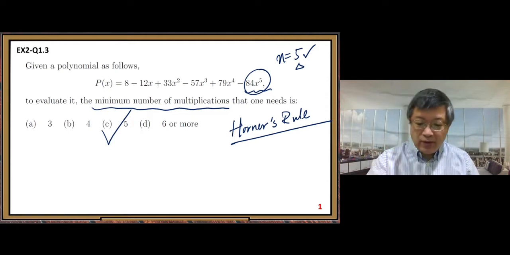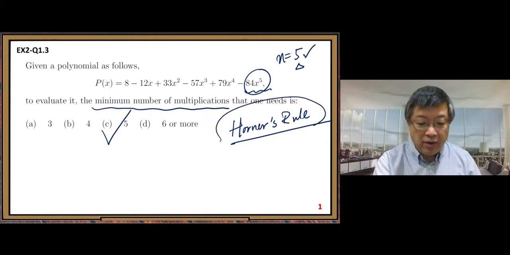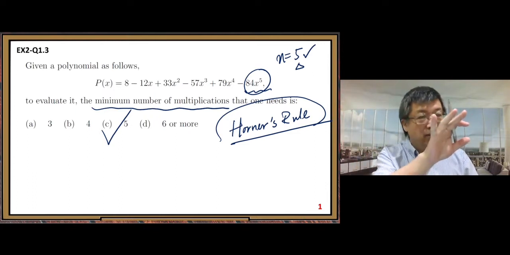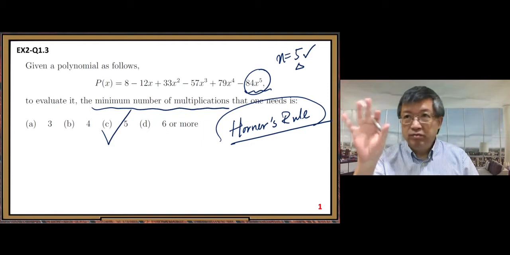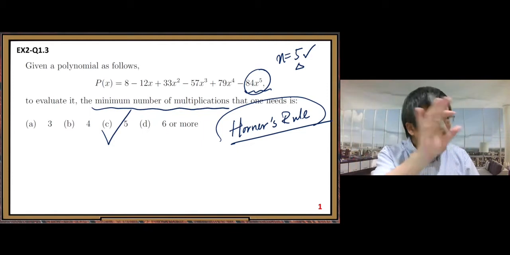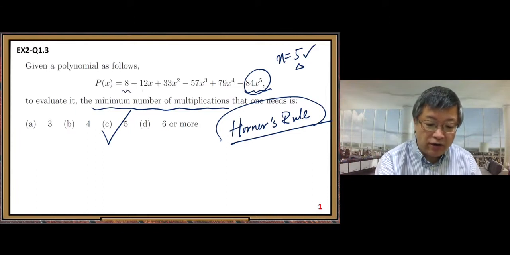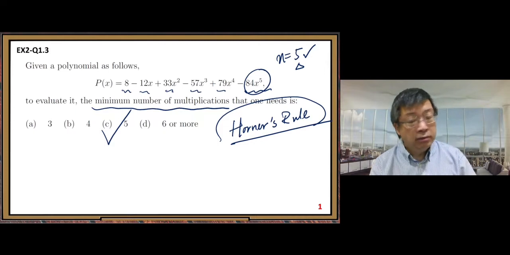But remember, when we apply the Horner's rule, the polynomial usually is a pretty general formula. That means usually there is no special structure. So it's a pretty general case. If you look at the coefficients here, can you see any pattern?